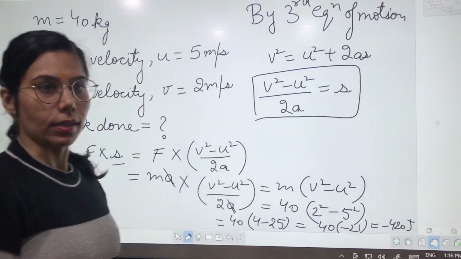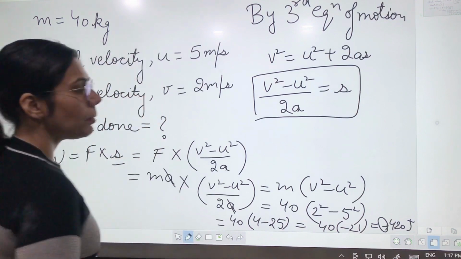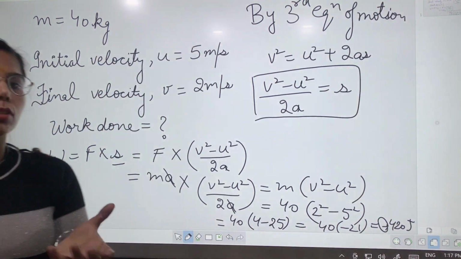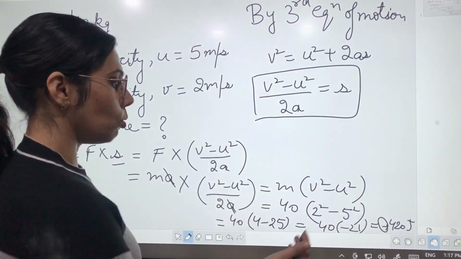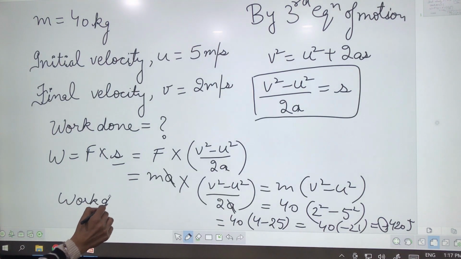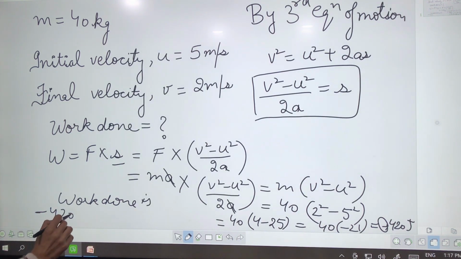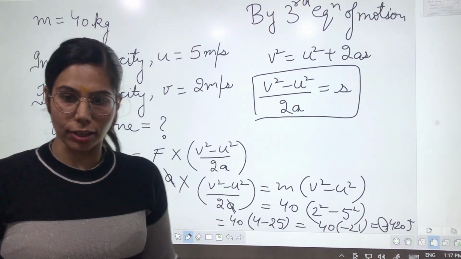So this will be our answer. Here the work done is negative, meaning the displacement and the force are in opposite directions. So the work done is negative over here. Thank you.